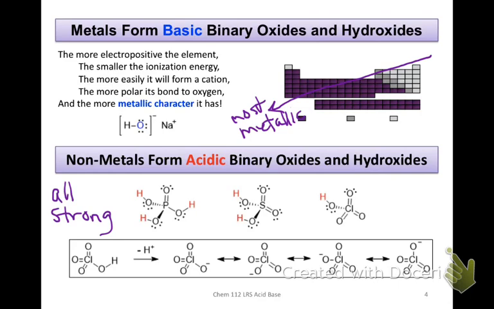Down below you can see that resonance stabilizes the conjugate base of HClO4. That makes this a very favorable process to remove that proton when you leave something very stable behind.